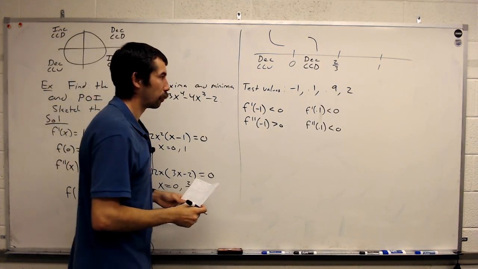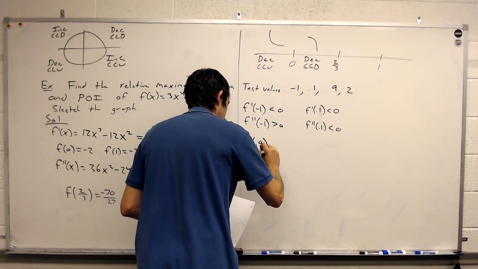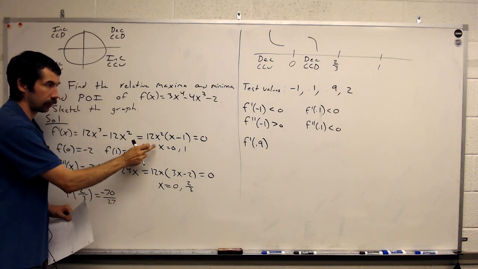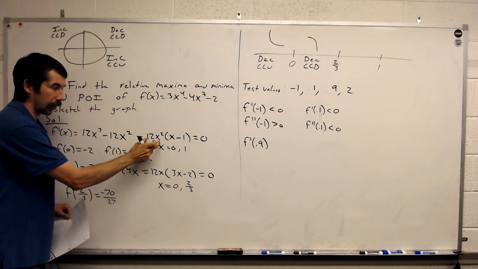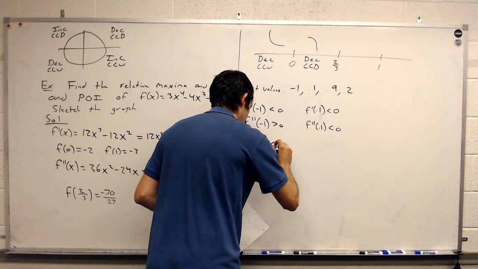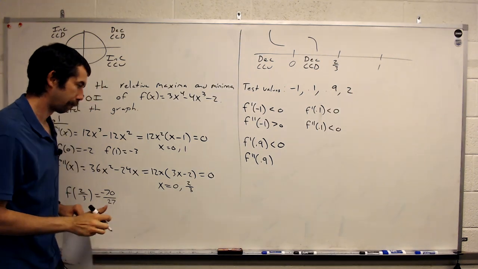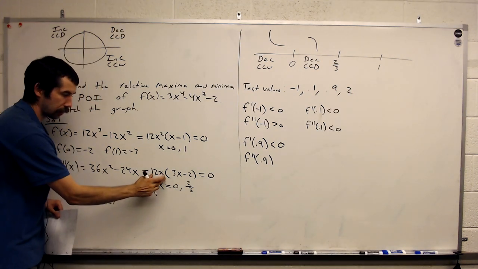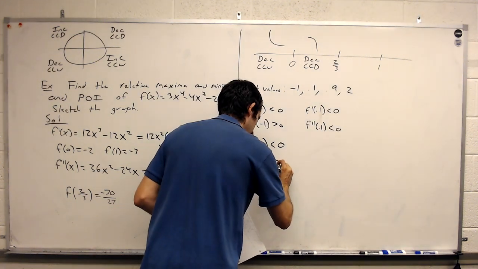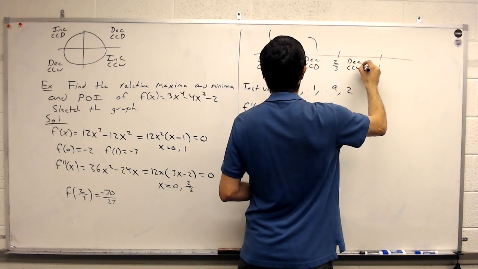All right, let's do the same thing with 0.9. F prime of 0.9. That's a positive times a negative. F double prime of 0.9. That's a positive times a positive. We're decreasing and concave up. We've already seen that.